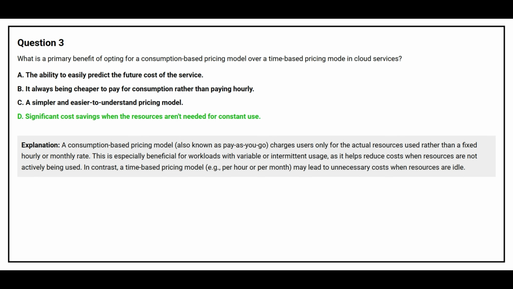This is especially beneficial for workloads with variable or intermittent usage, as it helps reduce cost when resources are not actively being used. In contrast, a time-based pricing model, for example per hour or per month, may lead to unnecessary cost when resources are idle.